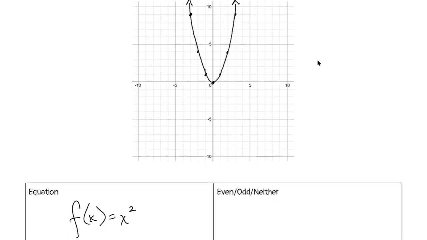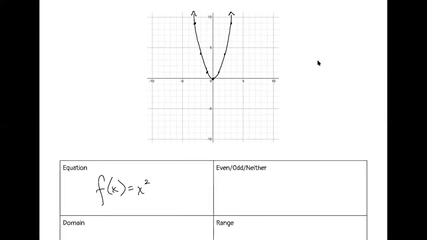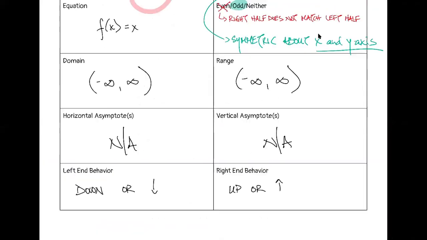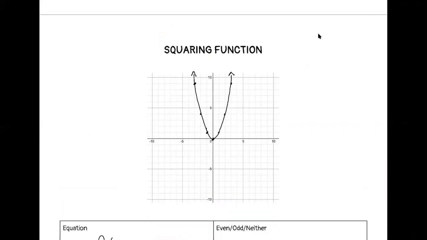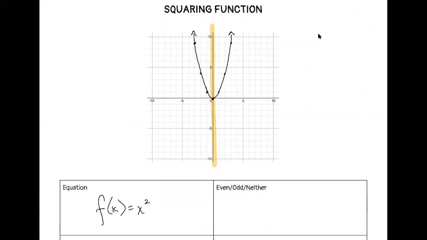So tell me, folks, is this one symmetric about the y-axis? Yeah, it is, right? When we fold, what color did I use? Orange. When we fold this function over the y-axis, the left and the right half match.